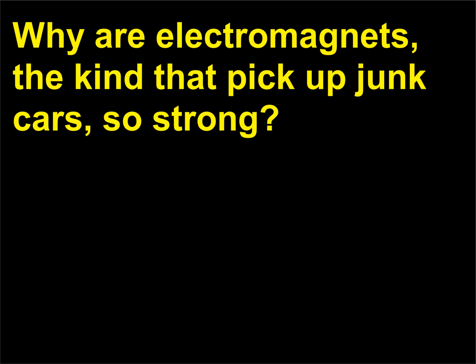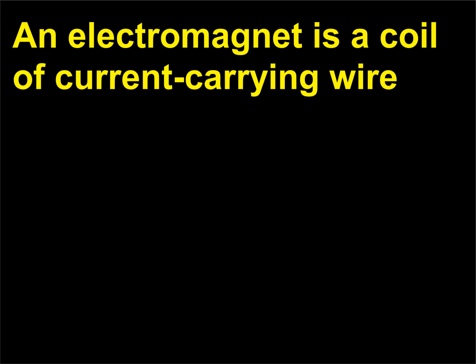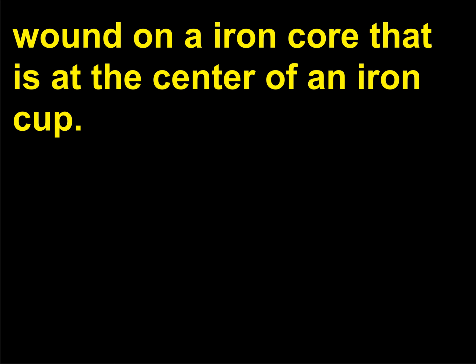Why are electromagnets, the kind that pick up junk cars, so strong? An electromagnet is a coil of current-carrying wire wound on an iron core that is at the center of an iron cup.